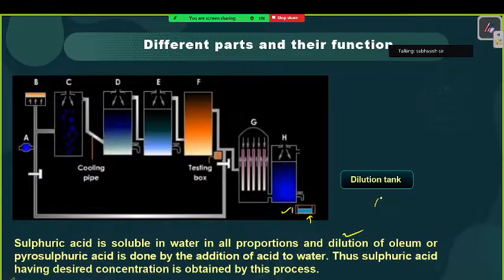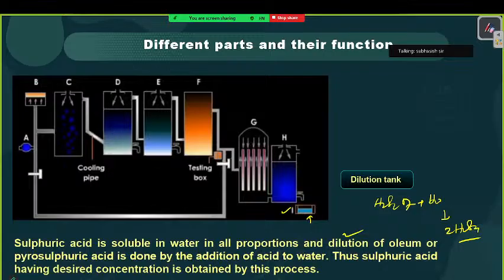The oleum H2S2O7 is dissolved in water with the formation of sulfuric acid. So sulfuric acid of the desired concentration is obtained by this process.